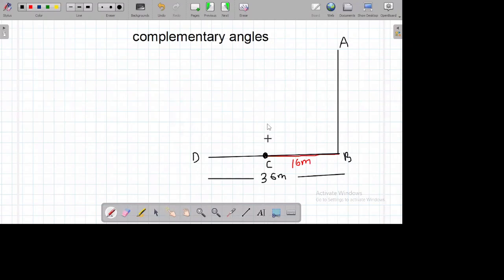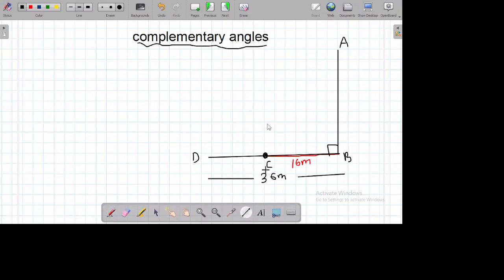There is C, which is 16 meter, and there is D, which is 36 meter away from the foot of the tree. From C and from D, when the top of the tree is observed, it was found to be complementary angles, the question will say.